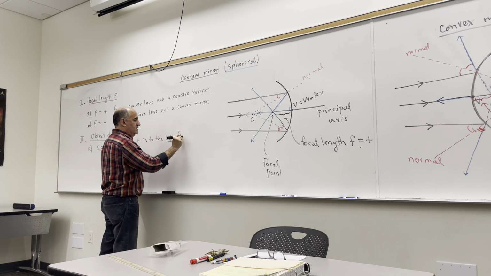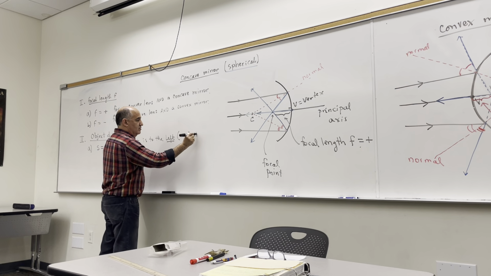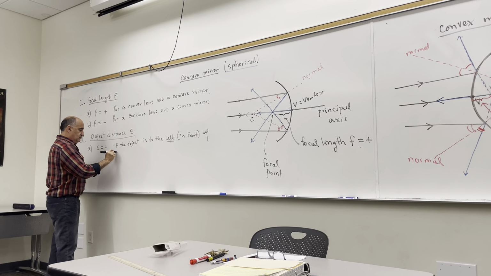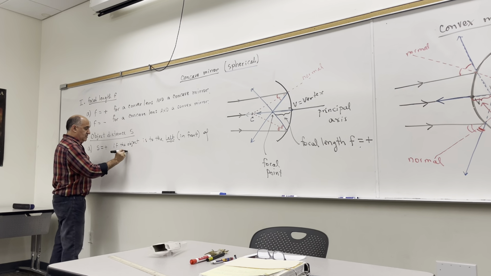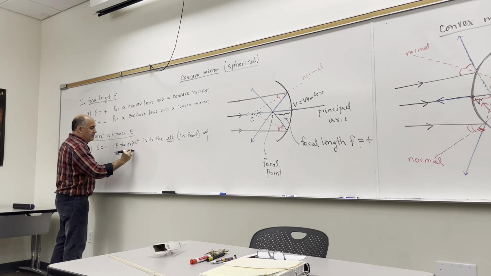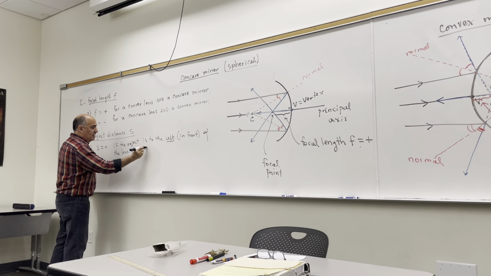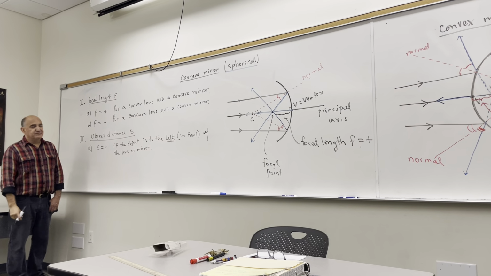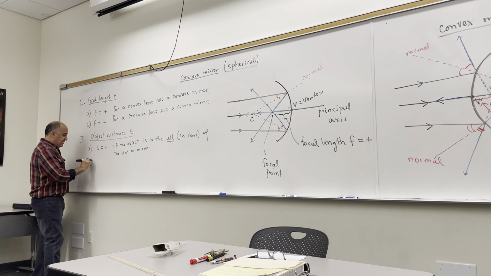This means in front of the lens, and it doesn't matter if it's concave or convex, or mirror. If it's to the left, it's positive. And when is it negative?